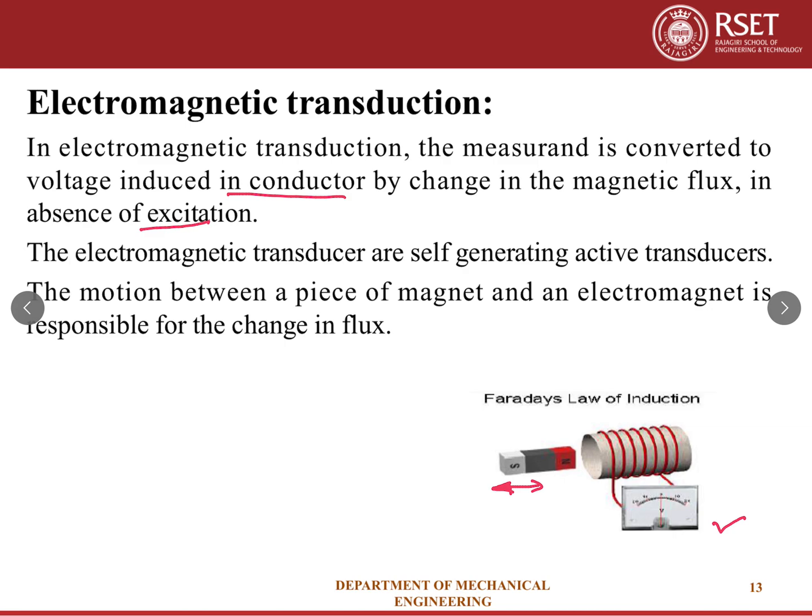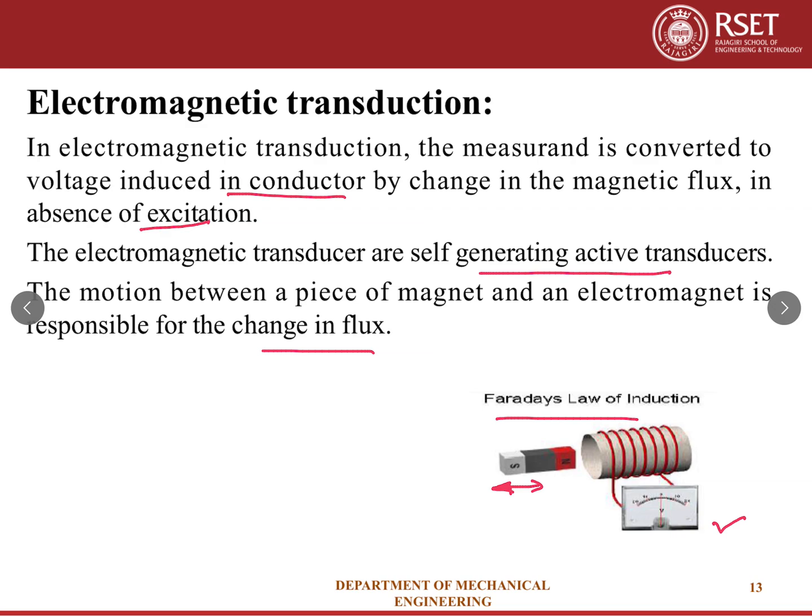The electromagnetic transducers are self-generating active transducers, because self-generating means they do not require an external power source, and they can also be secondary transducers because their output is electrical. The motion between the magnet and the coil is responsible for the change in flux. We are applying Faraday's laws of induction.